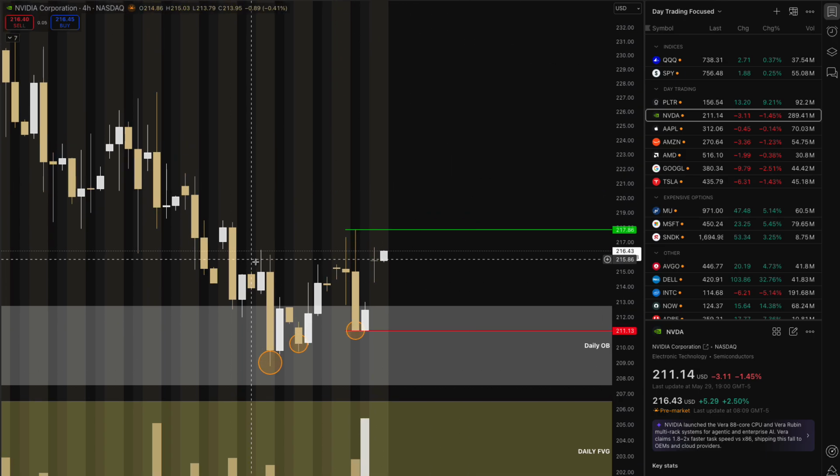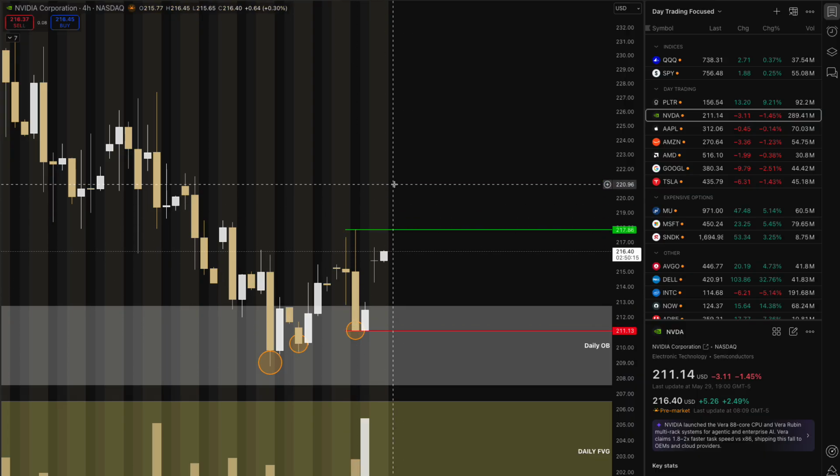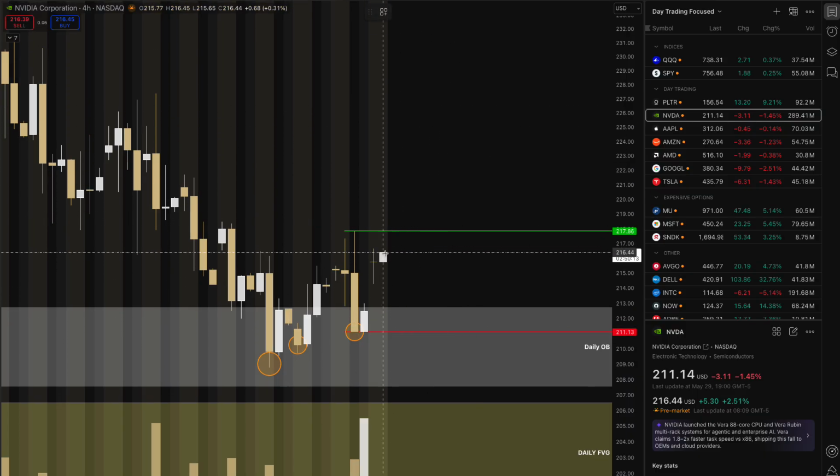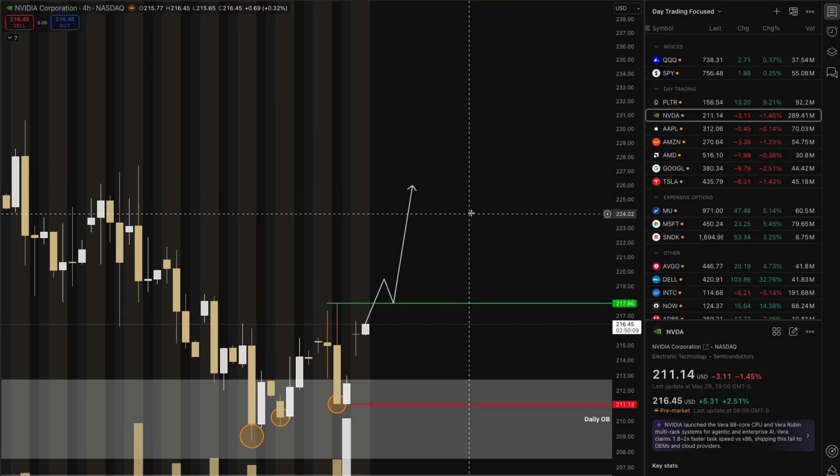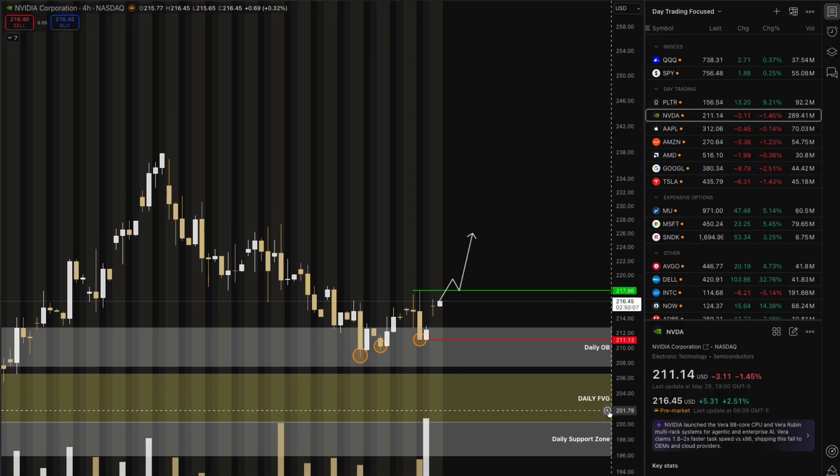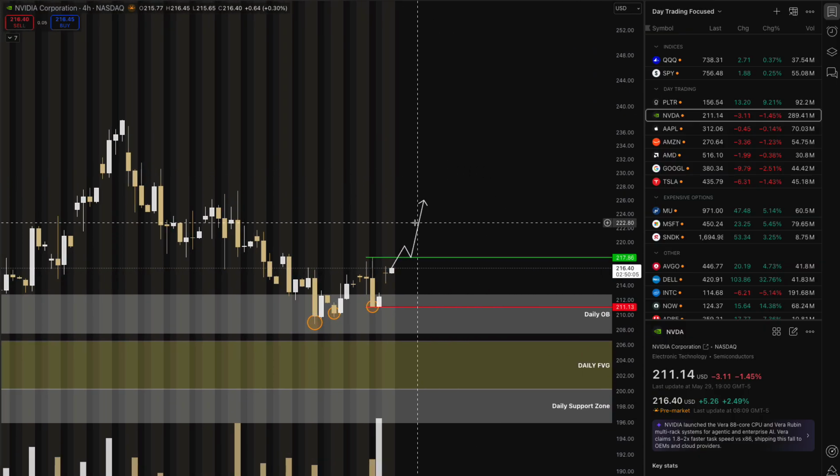So as you can see, price is not gonna go down anymore, because now we are putting in a high. This was a lower low, then we have higher low, and now we're most probably gonna break above the previous day high, retest, and then move forward. So this is the way the price is gonna move now.